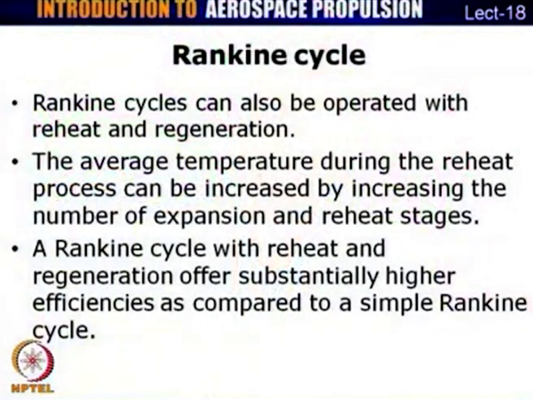The average temperature during reheat can be increased by multiple stages of reheat, and you can also increase the number of expansion stages during the reheat process, so that you increase the average temperature at which heat is added. Therefore, a Rankine cycle with reheat and regeneration will have efficiencies which are substantially higher as compared to the simple Rankine cycle.